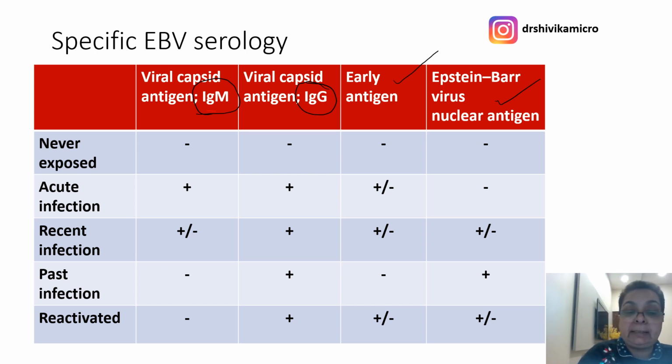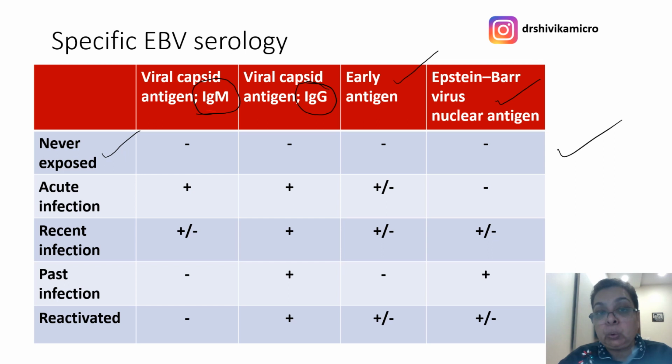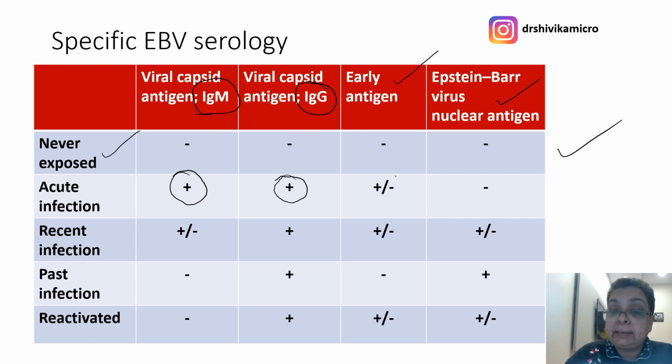If a patient has never been exposed to EBV infection, all these antibodies would be missing. In case it is acute infection, IgM anti-VCA antibodies will be present. IgG antibodies also are generally present. Antibodies against early antigens may start to appear, but antibodies against nuclear antigens have not yet appeared.